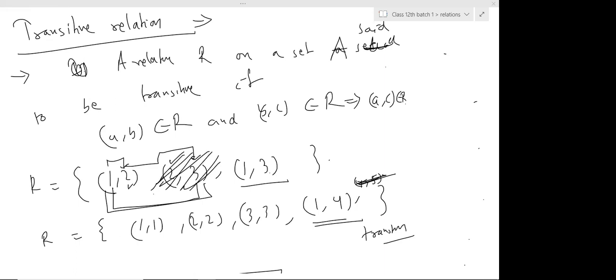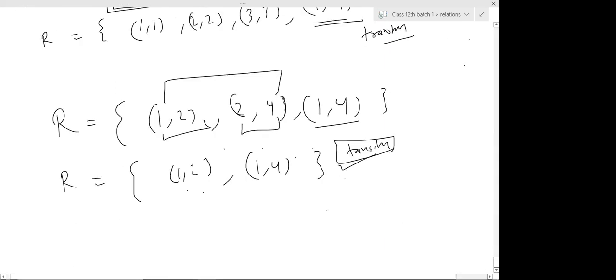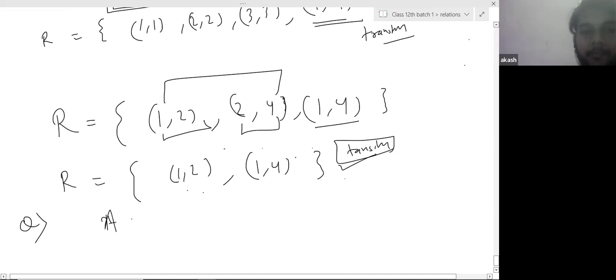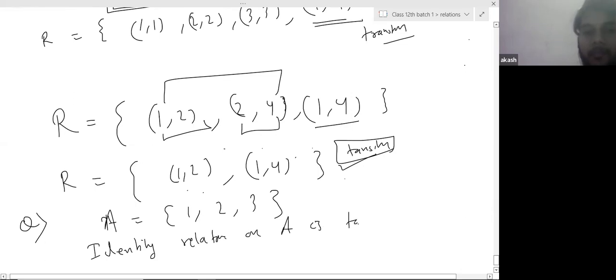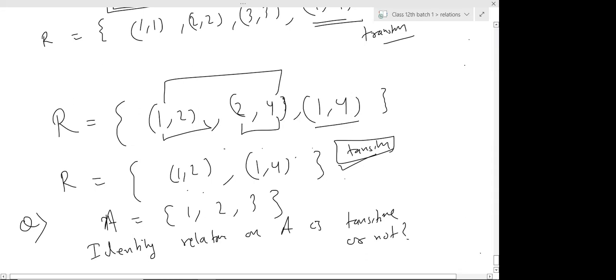All right, let me give you a question. There is a set A = {1, 2, 3}. Write the identity relation and tell me if that is transitive or not. (1, 1), (2, 2), (3, 3).